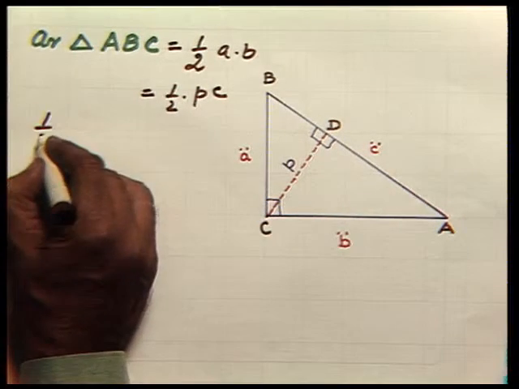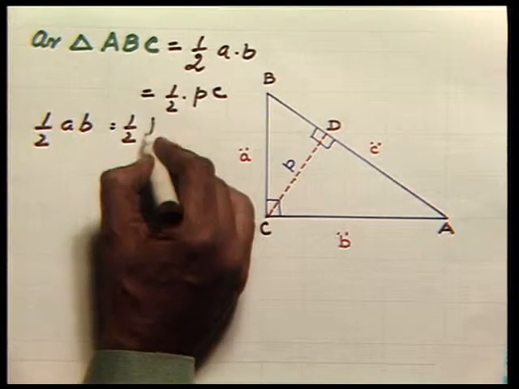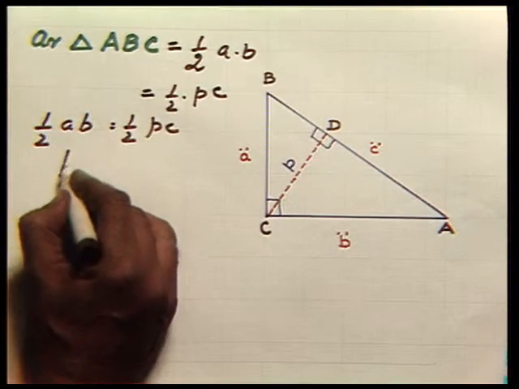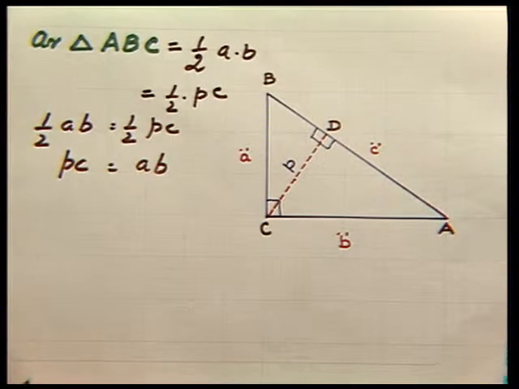So, we find that half AB is equal to 1 by 2 PC, which gives me the result PC is equal to AB. And that was the first result which was required by us.